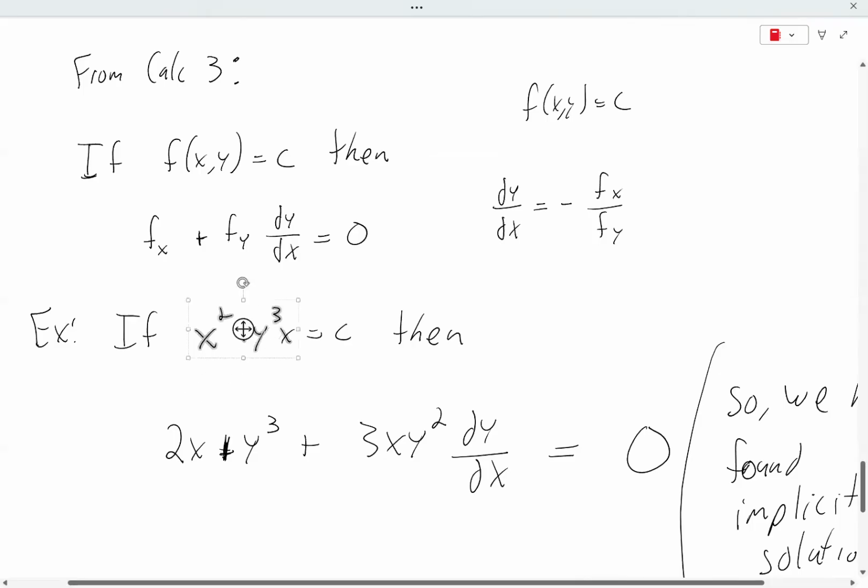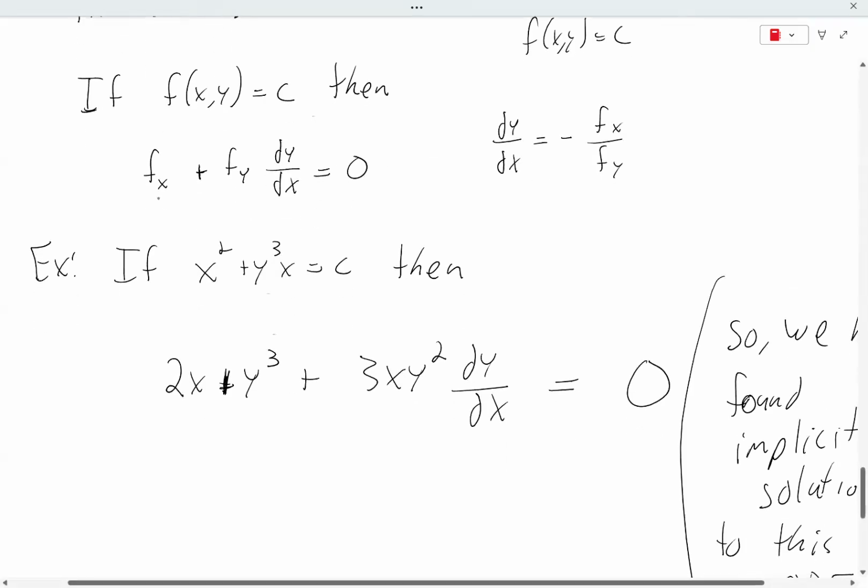If I have this, then according to the statement I could write this. This is the f of x, y here. So if I take the partial with respect to x, that's this. I guess I'm confused, what's the plus sign in between them?